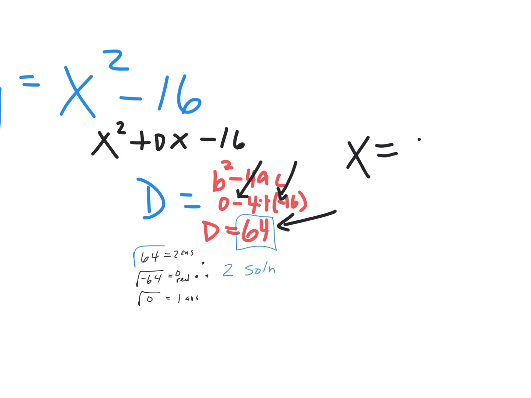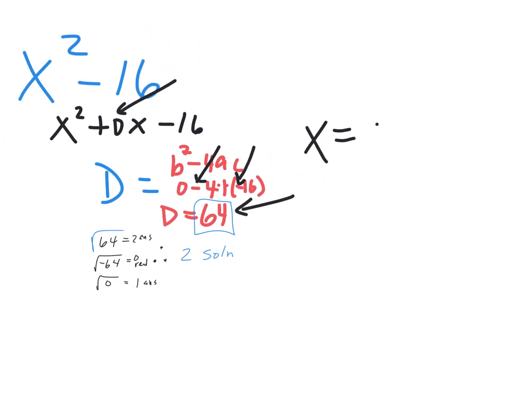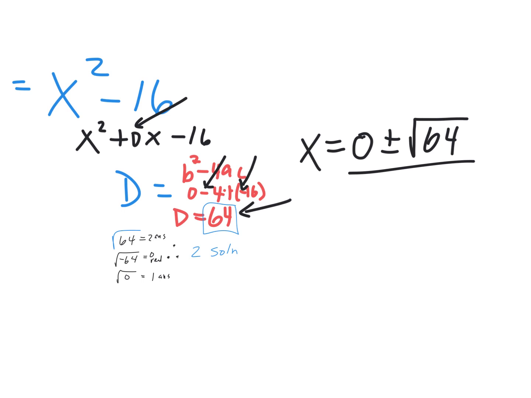Hello, what's negative b? Negative 0. And what's that? That's just 0. Plus or minus the square root of, do I have to do a lot of work here? No, I already did it. It's 64. All over 2a. And in this problem, what's a? 1. 2 times 1. All right.